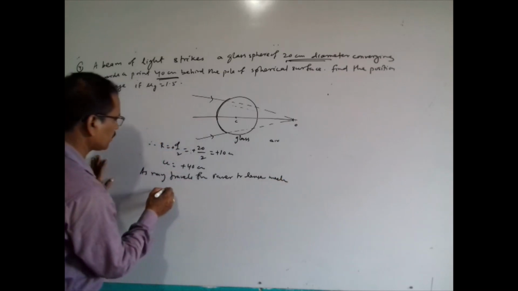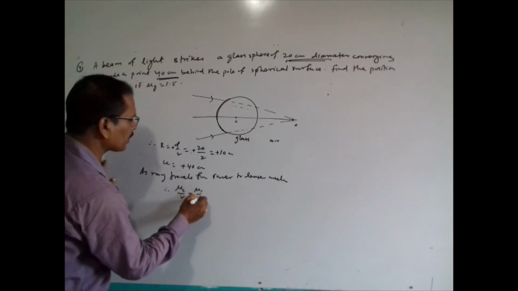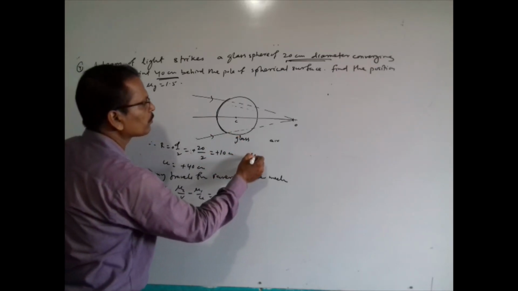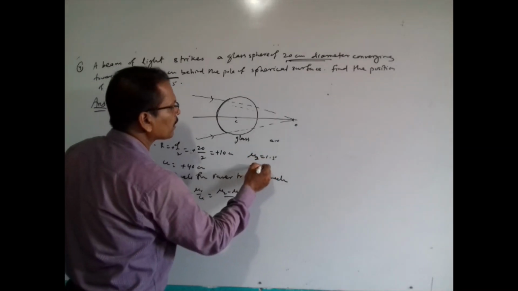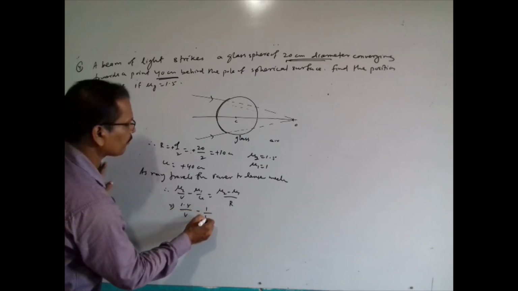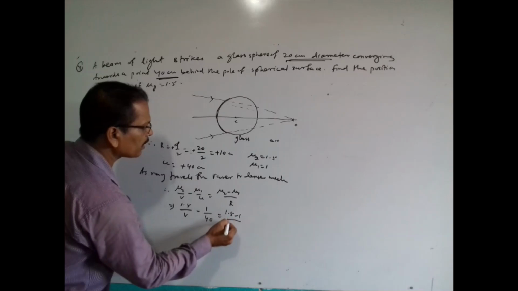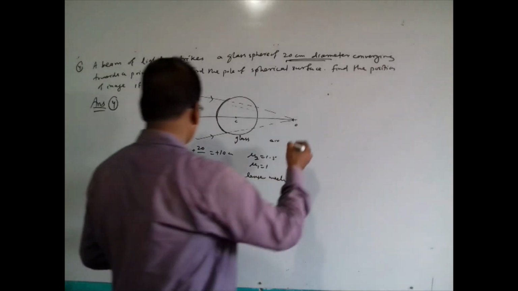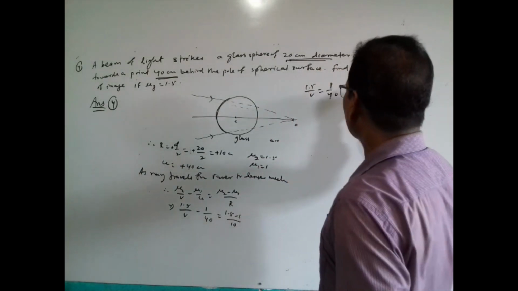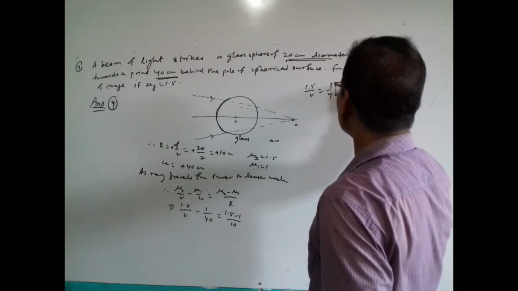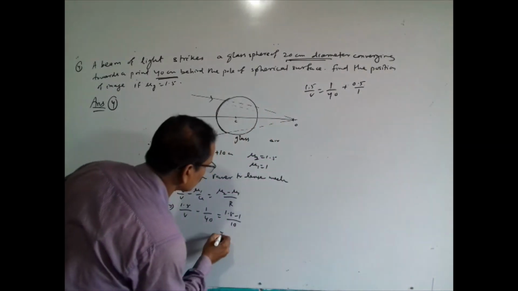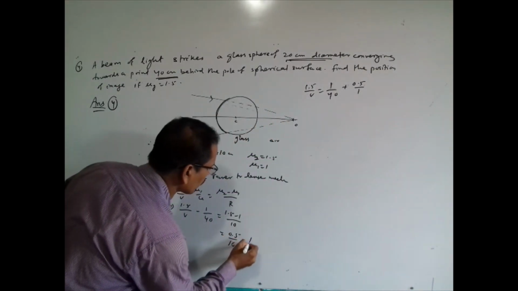As the ray travels from rare to denser medium, therefore mu2 by v minus mu1 by u is equal to mu2 minus mu1 by r. Here mu2 is equal to 1.5, mu1 is equal to 1. So 1.5 by v is equal to 1 by 40 plus 0.5 by 10, which is equal to 1 by 20.